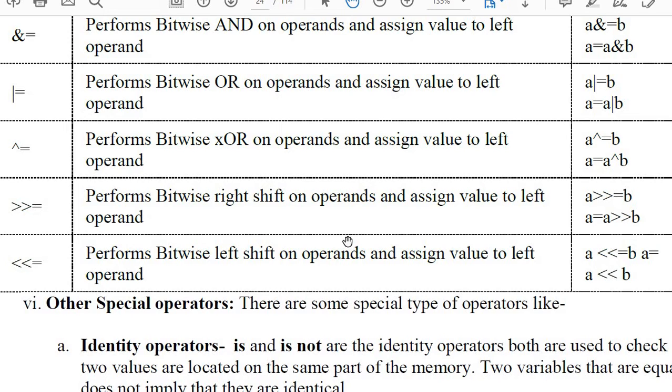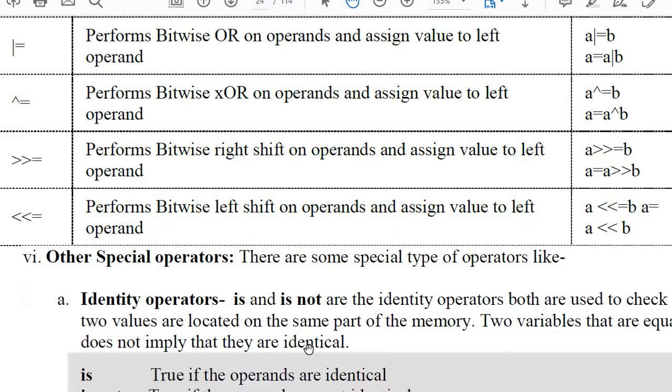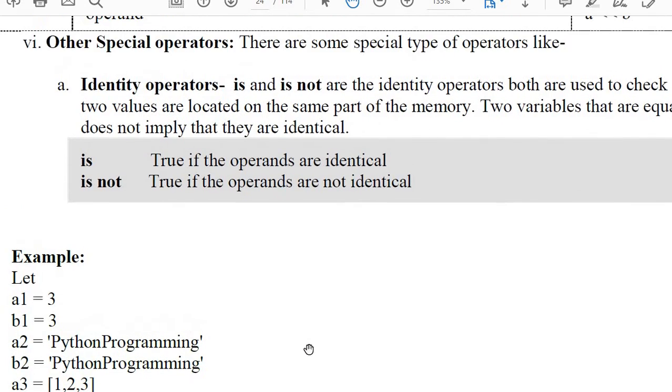There are some special types of operator. First one is your identity operator. In identity operators, we will see is and is not. Is and is not are the identity operators.